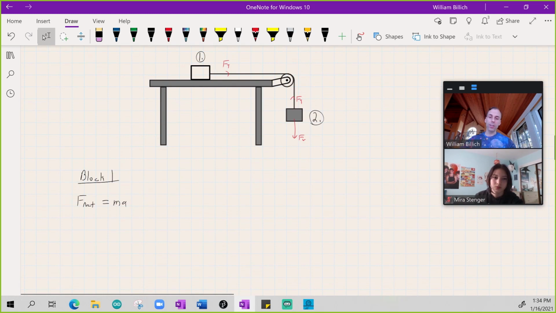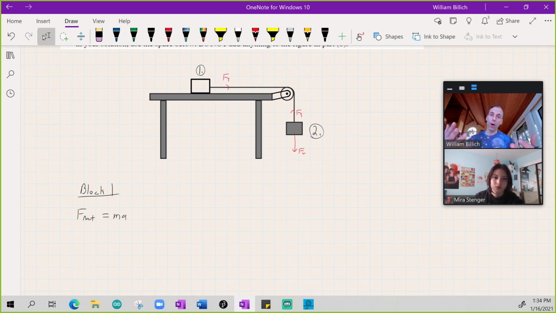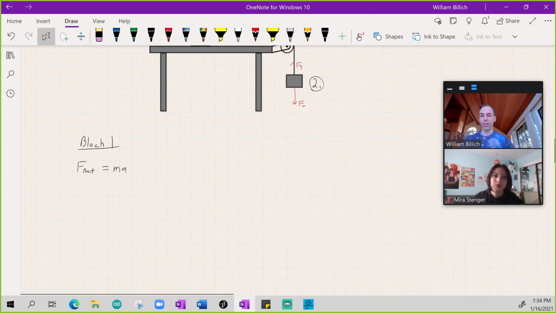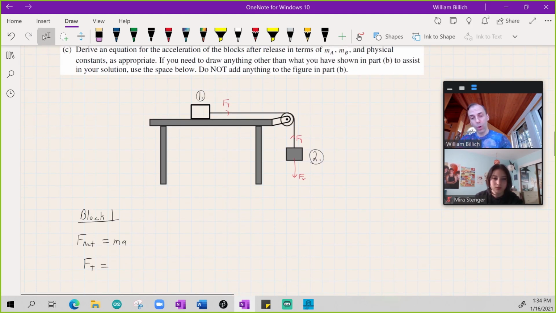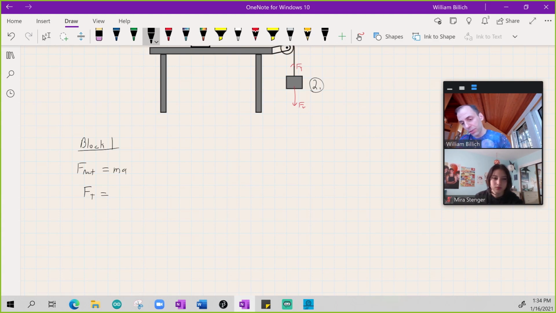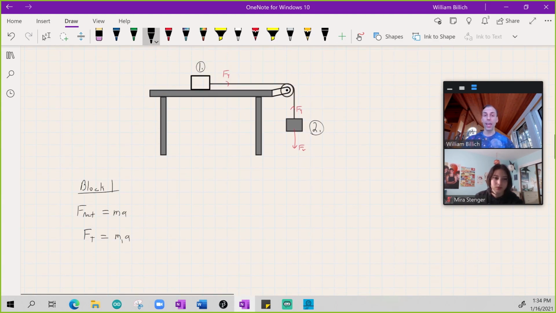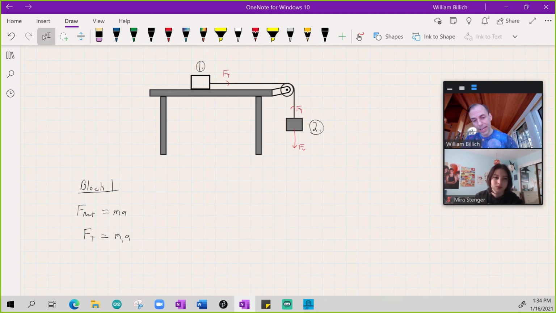And by the way, it's a vector quantity. You must describe things independently in the y and the x plane. Well, in the x plane, all you have is the tension, and that's equal to mass 1. I'm going to give it the correct label. Make sure you do that. Times the acceleration. And similarly, for block 2, we make an equation.